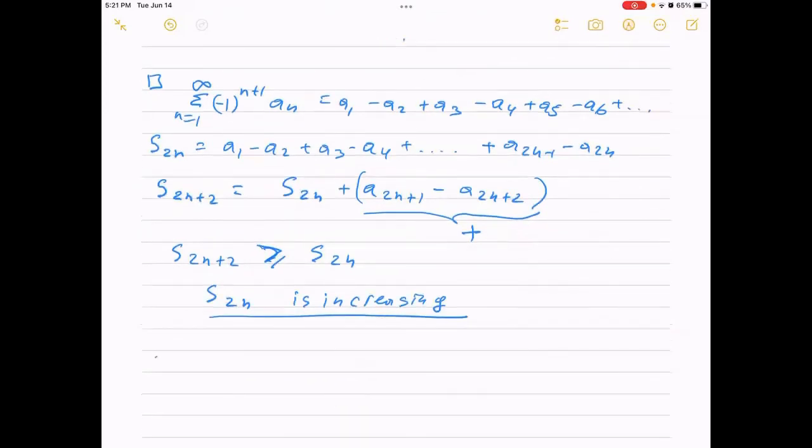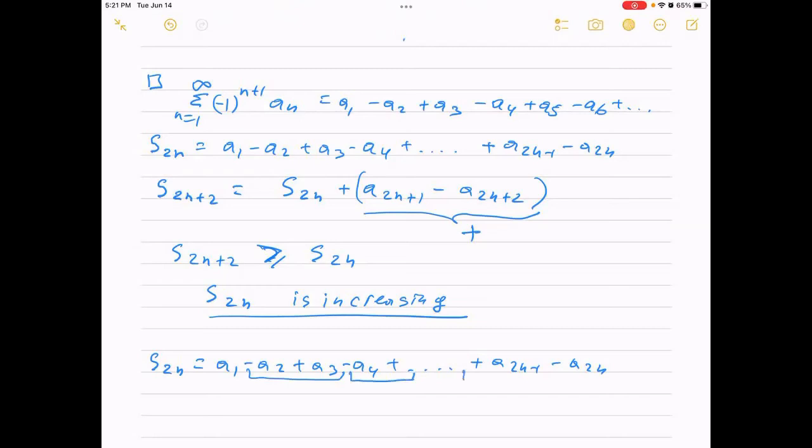Now let's have a look at our even partial sum one more time: a1 minus a2 plus a3 minus a4 plus a_(2n-1) minus a_2n. What we're going to be doing is collecting the second and third term together, the fourth and fifth term together, and so on.